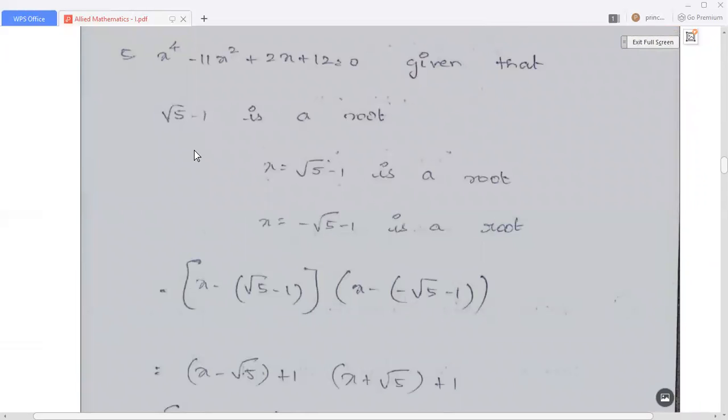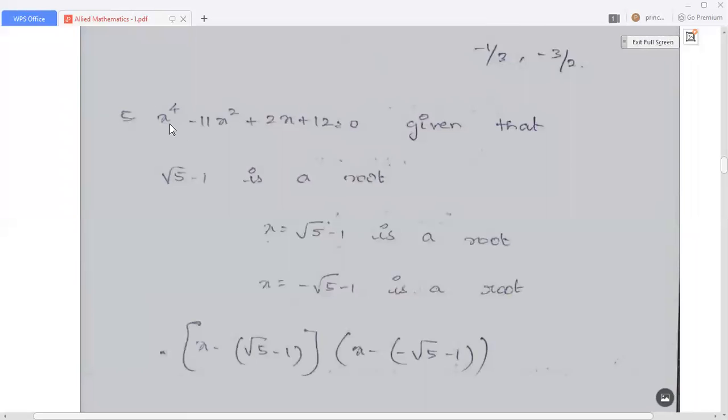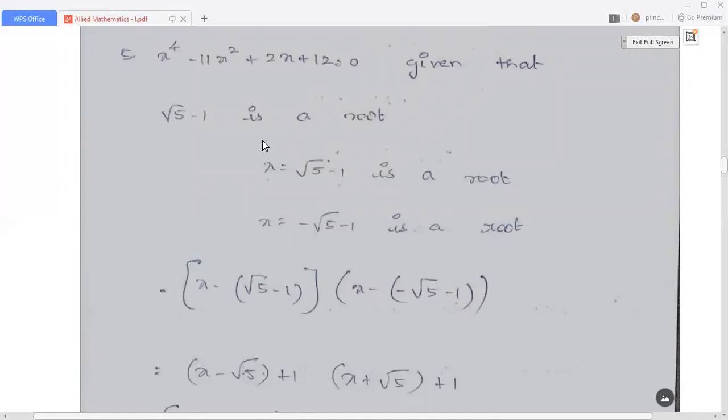Next problem. Solve x^4 minus 11x square plus 2x plus 1 equal to 0, given that root 5 minus 1 is a root. Since irrational roots occur in pairs, therefore the two roots are x equal to root 5 minus 1 and x equal to minus root 5 minus 1.